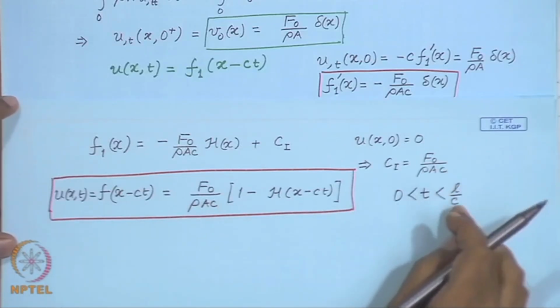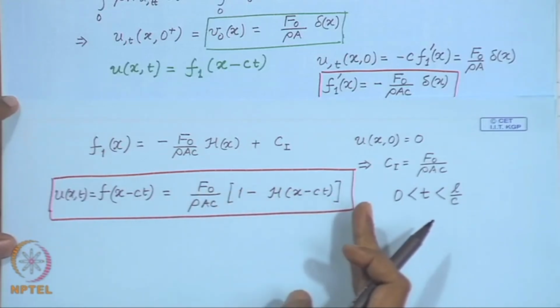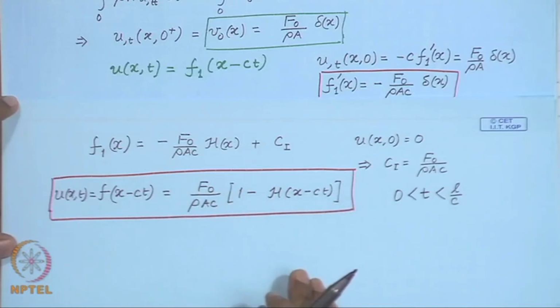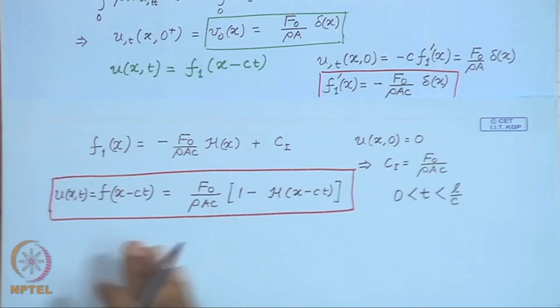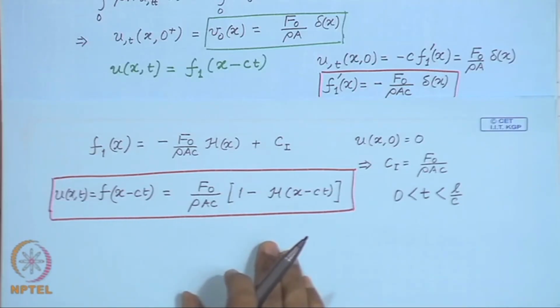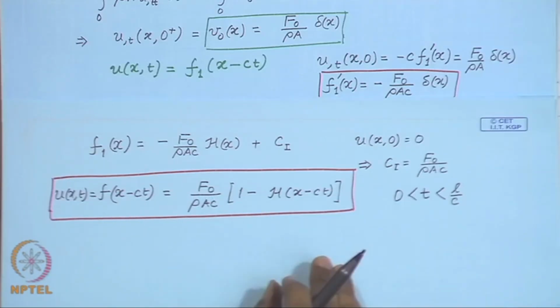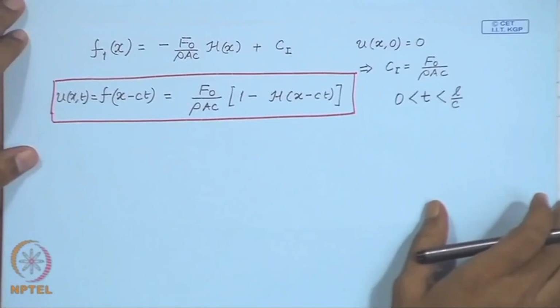L over c is the time taken for this wave front to reach the right end of the bar. So, this is the solution that you will observe just after the impulse has been applied and when t is less than L over c. Now, this front is going to go and hit the right boundary of the bar.